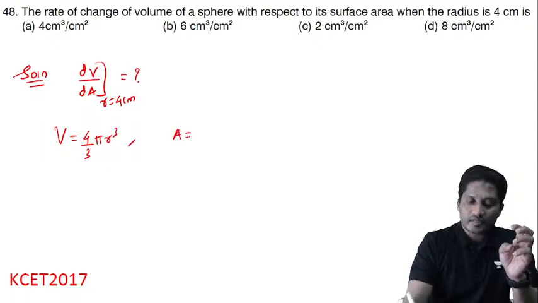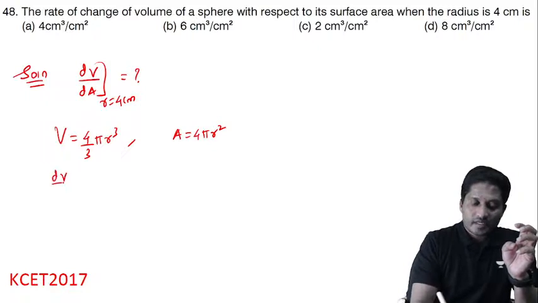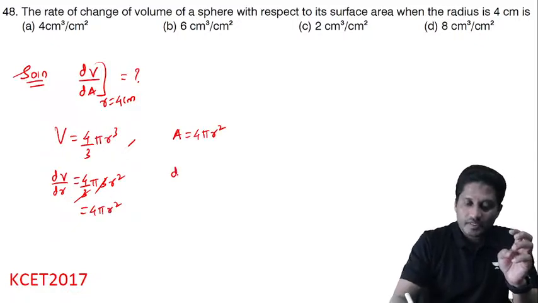Surface area of a sphere is 4 pi r square. dV by dr is equal to 4 by 3 into pi, differentiation of r cube is 3r square. 3 and 3 cancel, you will get this as 4 pi r square. dA by dr is equal to 8 pi r.